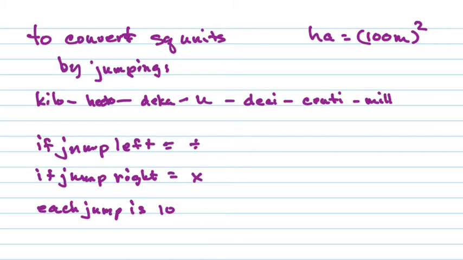So there's no rhyme or reason for the conversions. But here in the metric system, it's always tens, right? So you always know your multipliers. But remember, we're talking square units. So square the number.